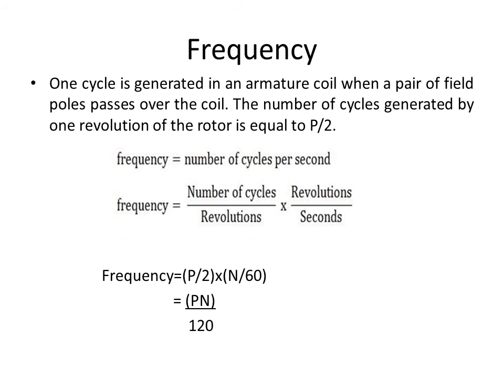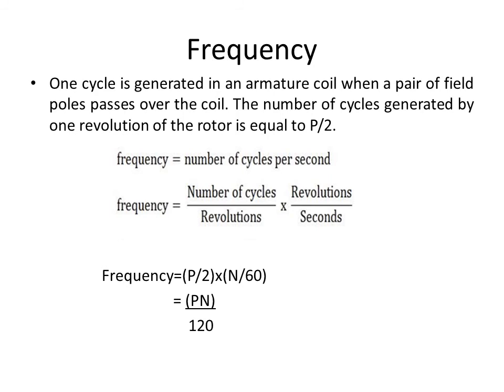So you can derive the equation. Frequency is the number of cycles per second, but how can we write it in terms of the number of poles P and N divided by 120? Frequency, the number of cycles per second, is the number of cycles per revolution multiplied by revolutions per second.